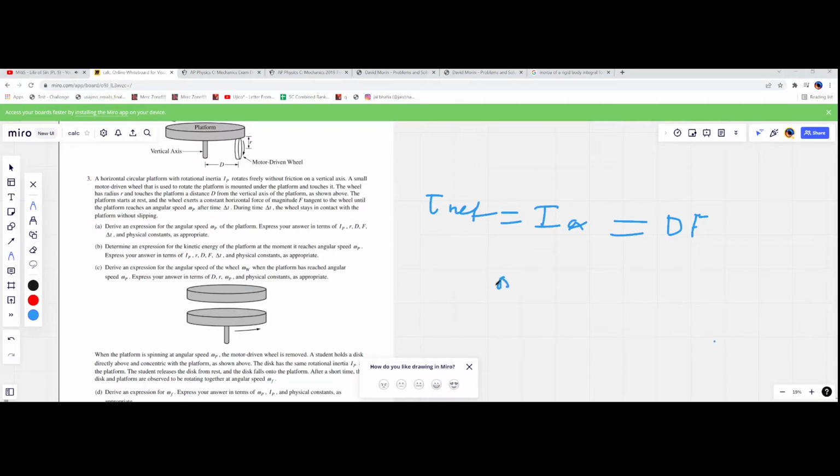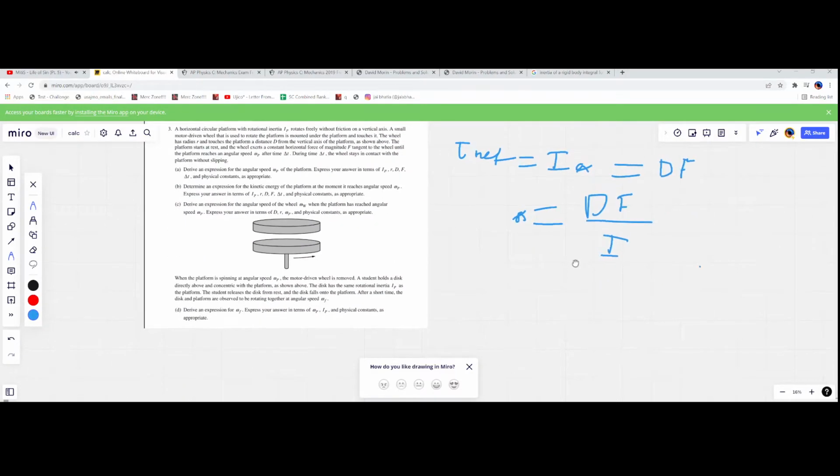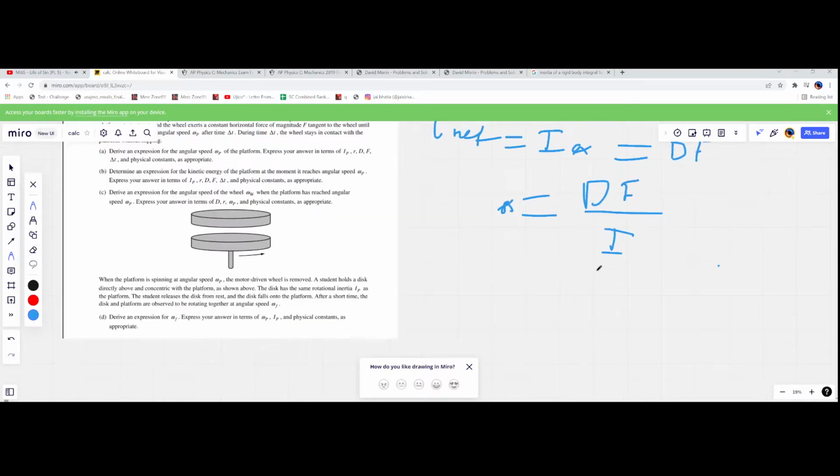So then you just have that alpha is equal to df over I. I don't know what is going on with my mouse right now. And then, I mean it's constant force, so you don't actually have to integrate. You can just use the kinematics equations, but it's whatever. I'll just integrate, so you get that W is equal to df over I times t. I mean delta t, whatever, doesn't matter.